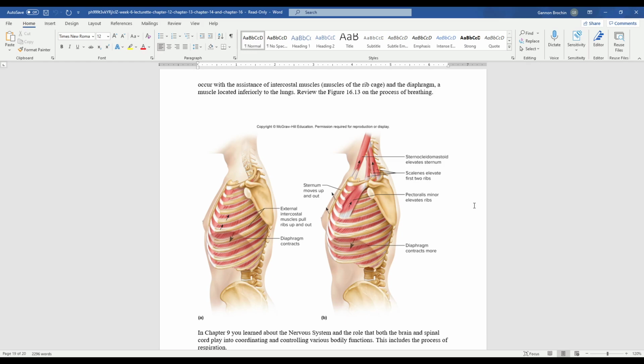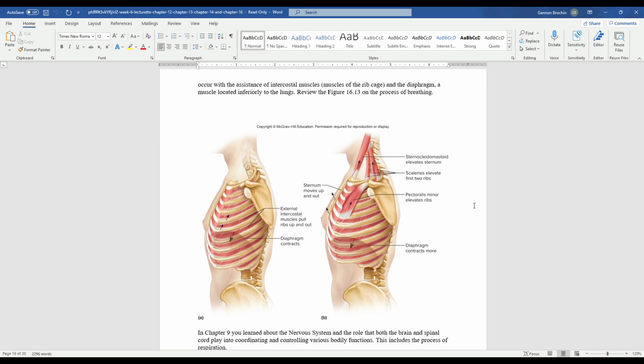And then we have the 3 scalenes of the neck, and the scalenes help to elevate the first 2 ribs. All of the action with the rib is going to help move the entire sternum out and up, which again expands the thoracic cavity even more to allow more air in. Now, all those muscles there are really only functioning with what you would call forced breathing.